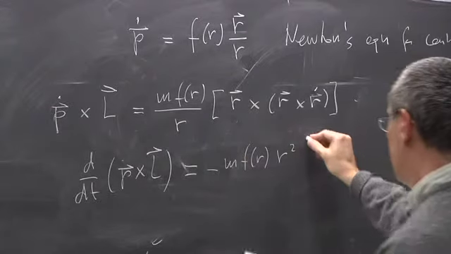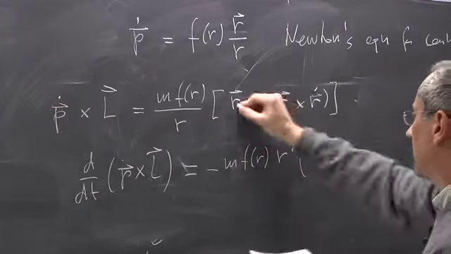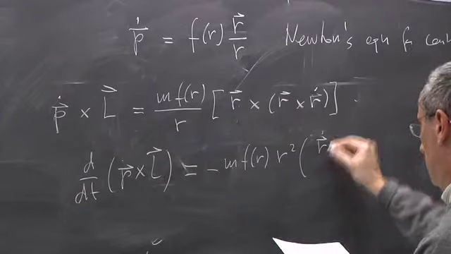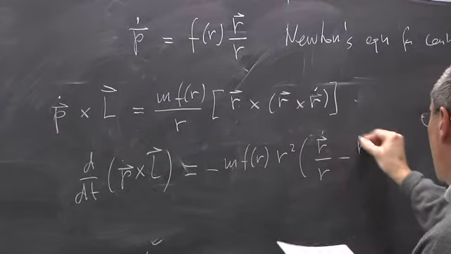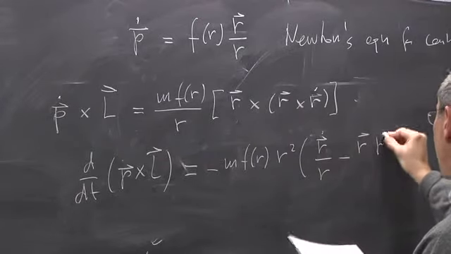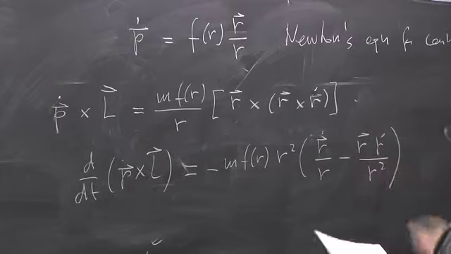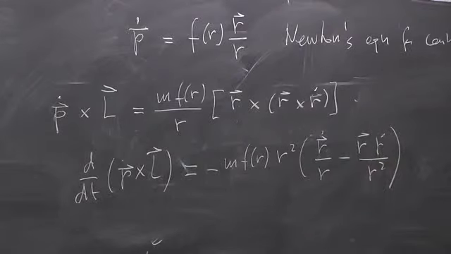I pull inside this, and then I take the derivative here, r minus r, then r dot r square, by using what I just erased.